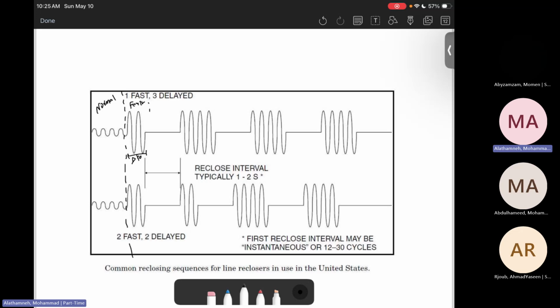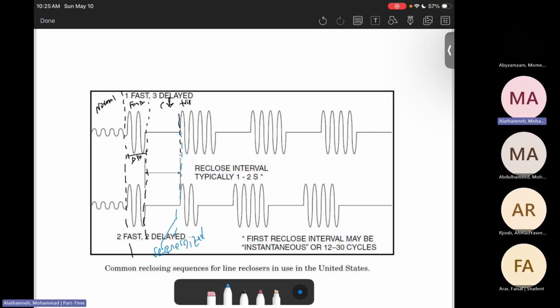Then here, the circuit breaker trips. Then after that, we re-energize it using the recloser.